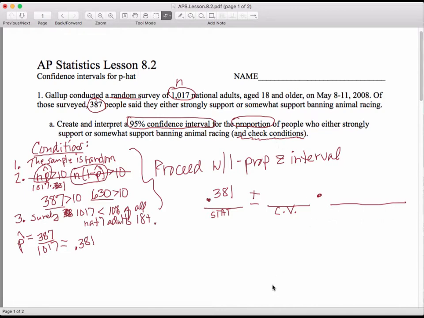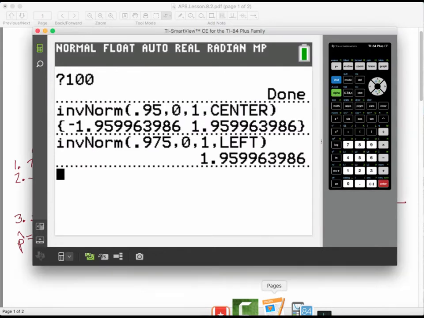So if you would go to your graphing calculator, and if you would do an inverse norm calculation, and if you do it correctly, some of you have the fancy calculator that does the center thing, and some of you have a calculator like mine that you have to go left. So if you either do the 95% in the center or you do the 97.5% to the left, you find out that your critical value up there is not really 2.